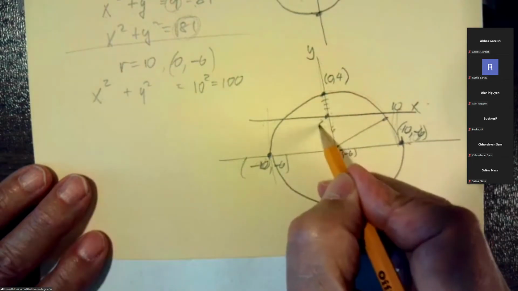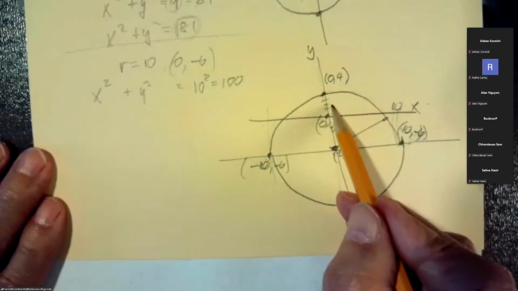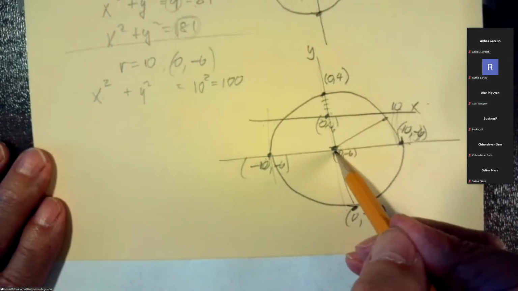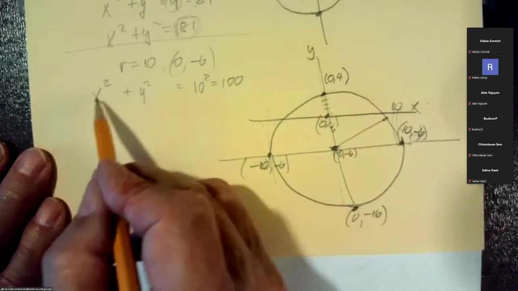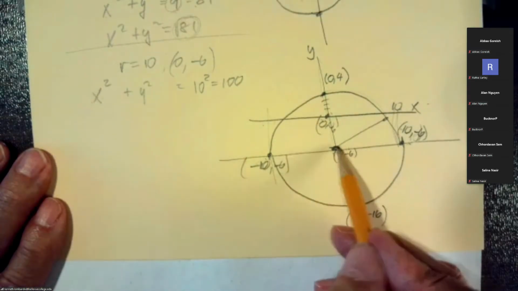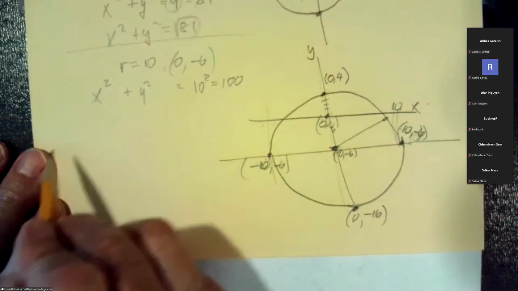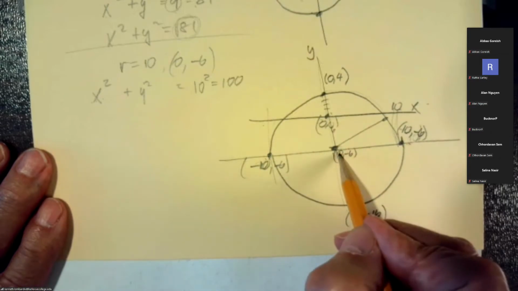It's not at the origin, which is 0, 0. It's still on the y-axis. So how much is that shift? Do we shift in the x direction, positive or negative direction? I don't shift at all, do I? Because I'm right on the y-axis.